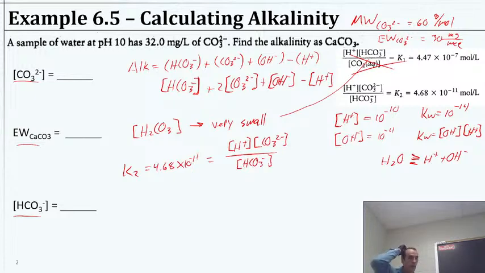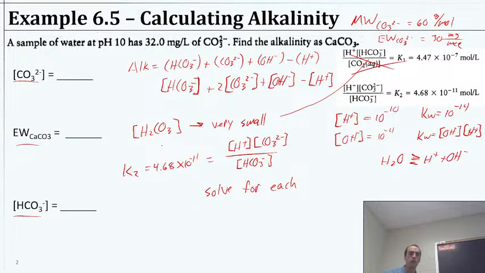So with that, we can solve for both of them. That'll give us each of those. Earlier, we talked about the equivalent weight for CaCO3. Let me just note here, solve for each.